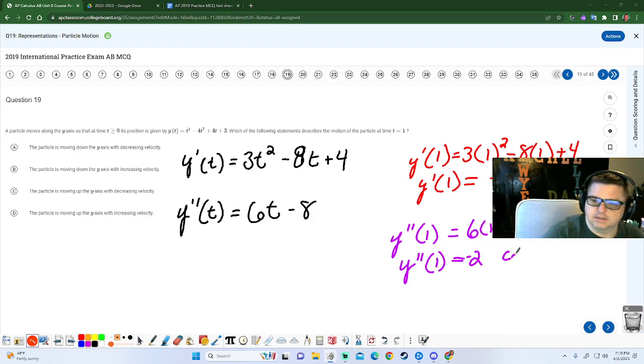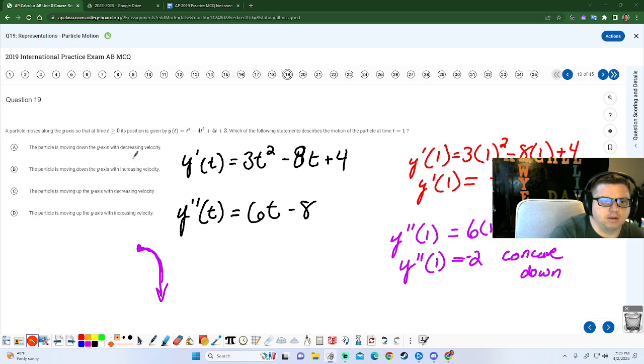So that means it is concave down. So if we are decreasing and we are concave down, our graph is going to look something like that. So we are moving down at a decreasing velocity.